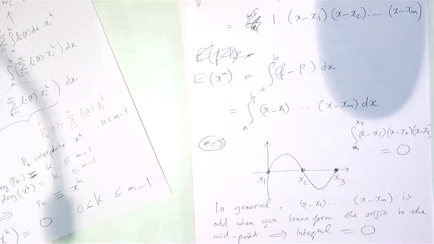The error can be written as the integral of some special function, which we call the Peano kernel, named after the first person who recognized it, against the derivative of the function of order r plus 1. Remember, r is the degree of precision. So in general, you can express the error in this form.